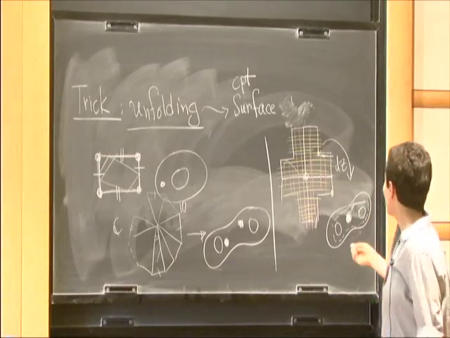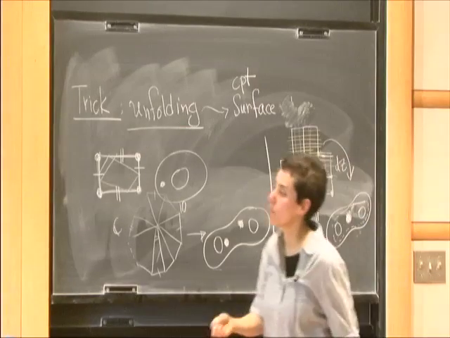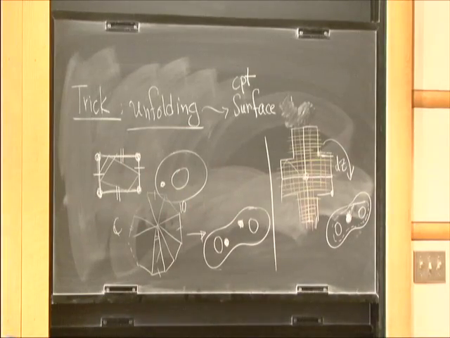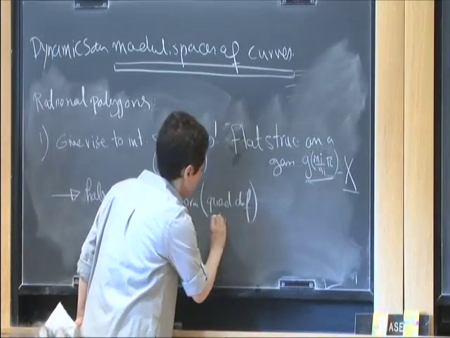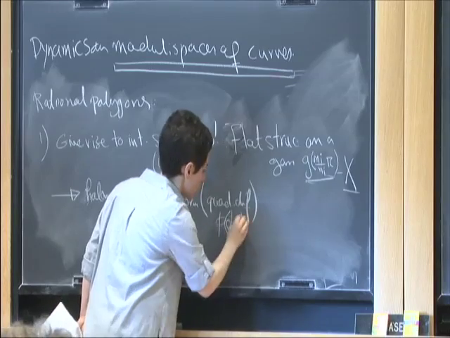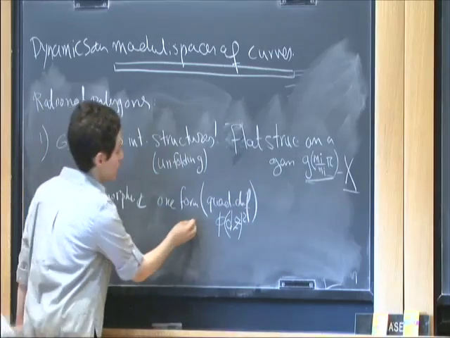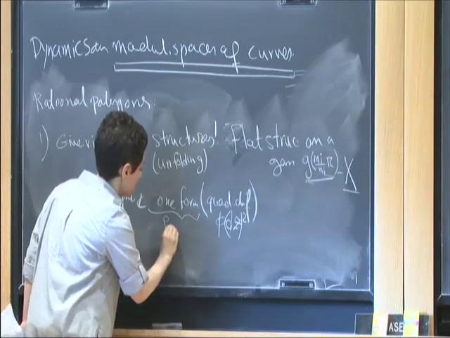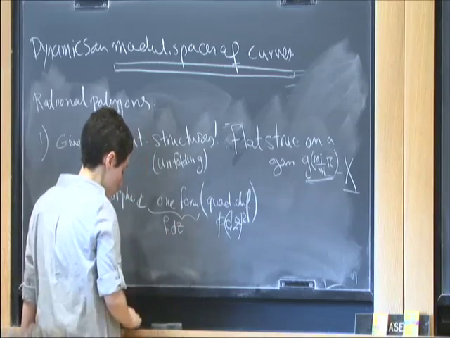And if not, the form dz squared will give you what is called a quadratic differential. In many cases you get f dz, which is a holomorphic 1-form.